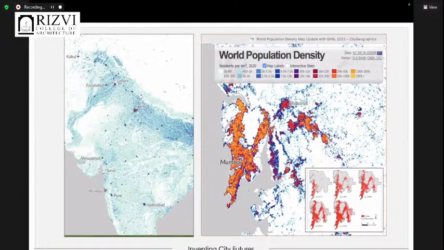You can actually see the little inset, which is the growth of Mumbai over the last about 25 years or so, taken from satellite imagery, taken from remotely sensed images.